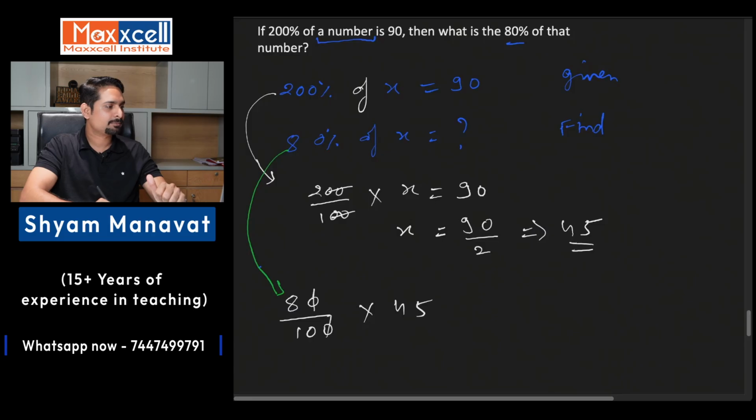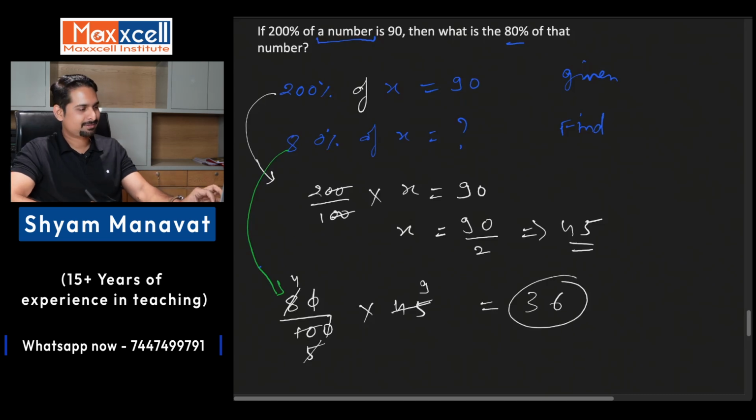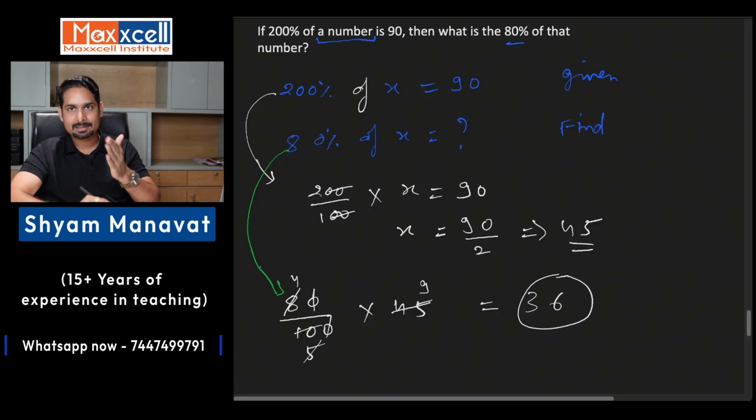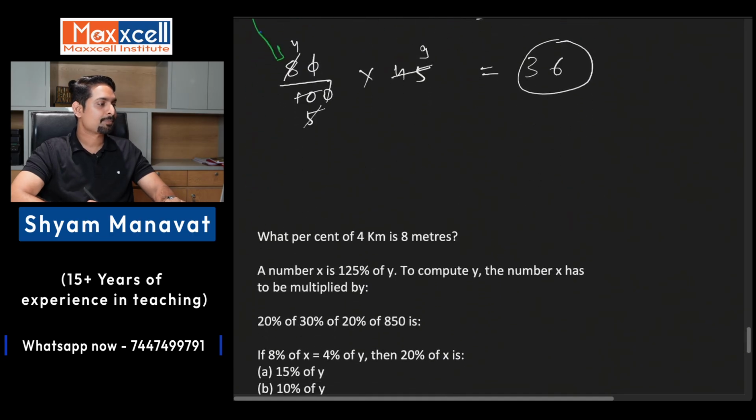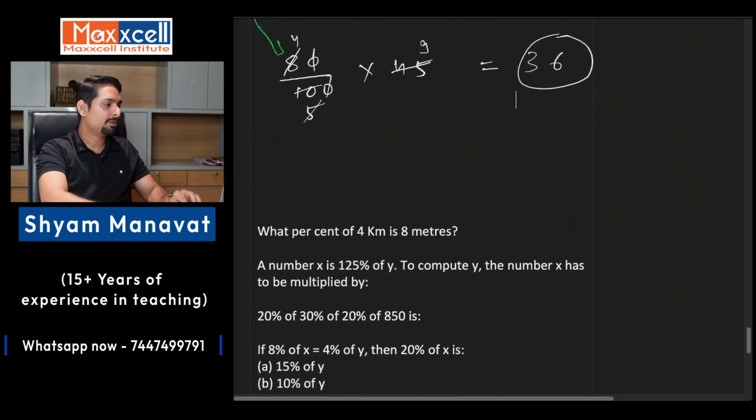Simplify. 2 4s are 8 and 2 5s are 10, then 9 4s are 36, right? This is what I have told you earlier also, but I promise you that I'll take you to that advanced level also, but first be comfortable with percentage. That's very important.